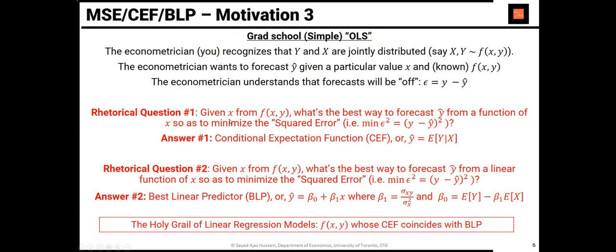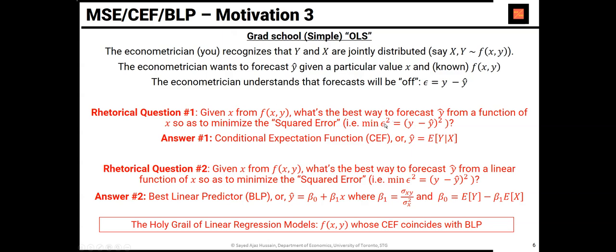So once again, give me an x, I know the density, I want to use a function of x to forecast the value of y, but my criterion for minimizing errors is to minimize squared errors. For those of you who are sophisticated econometricians, you should remember that there are many ways to define good forecasting. One way that we're doing is, of course, to minimize the squared errors. Somebody else can come around and minimize the absolute errors. Someone can minimize the percentage errors, etc.